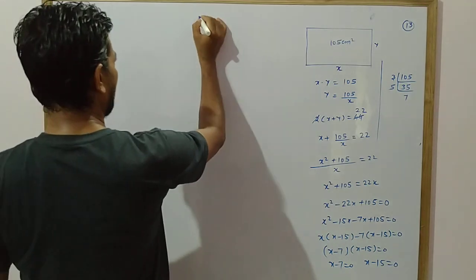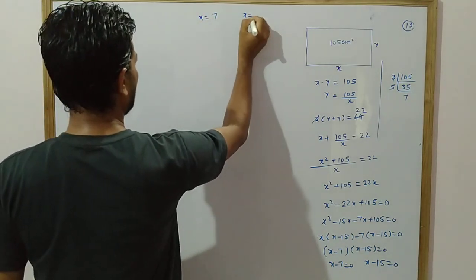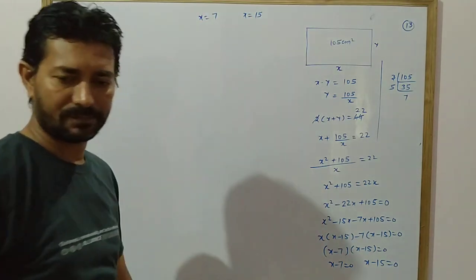So you are getting x equal to 7, x equal to 15.